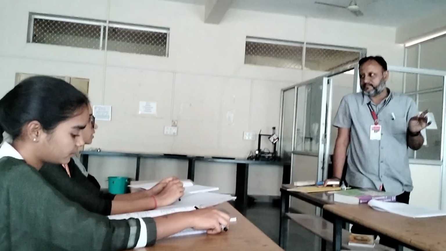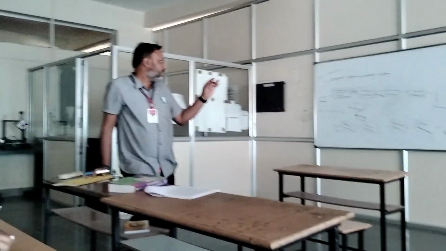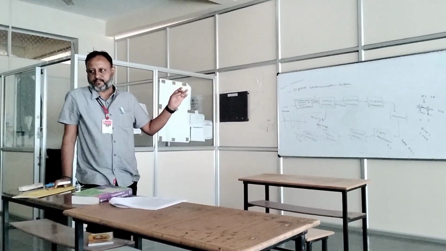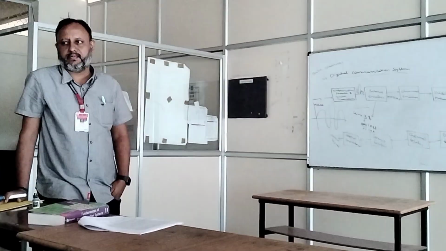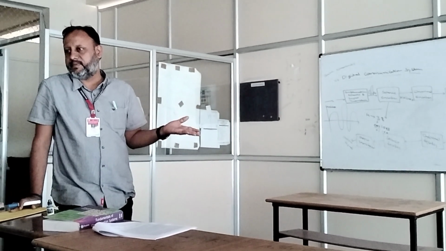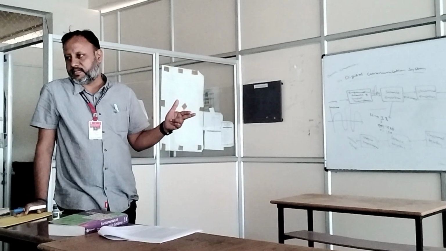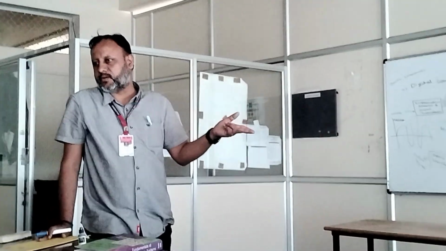You will study them in a higher semester. You just need to know that these are the digital modulation keys. Now this digital modulated signal enters the channel. Again, channels may be a telephone cable, twisted pair, coaxial, or free space.